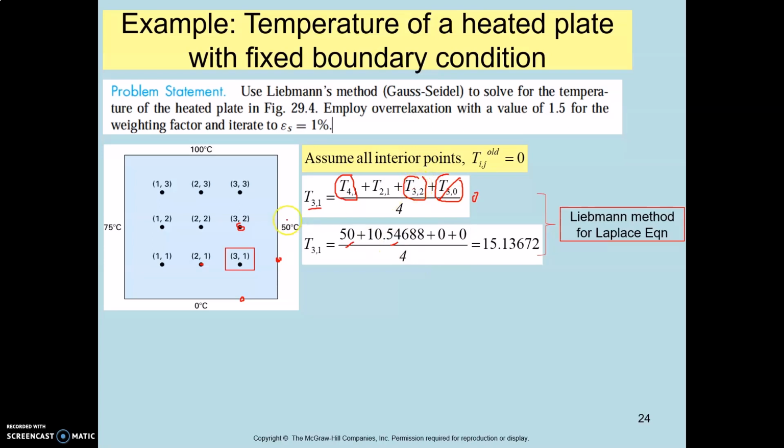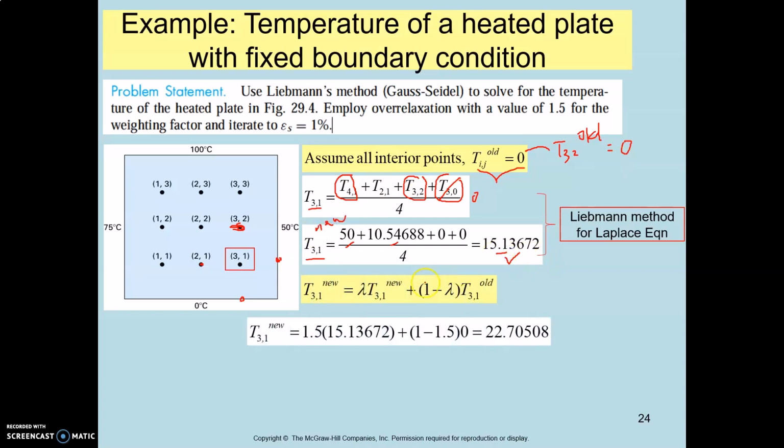T32 is unknown, which is initially assumed as 0 in the Gauss-Seidel. After you substitute, you get the answer. You should recognize from here that T31 old is 0. Initially we assume it starts with 0, so this is our initial guess. After you apply the numerical method, you get the new solution, and by substituting inside this formula, you get the answer to be 22.7.